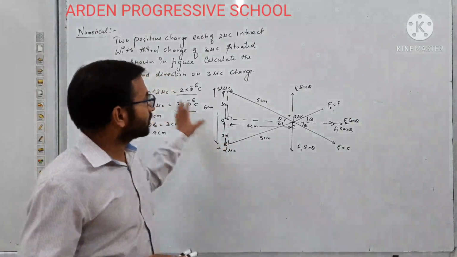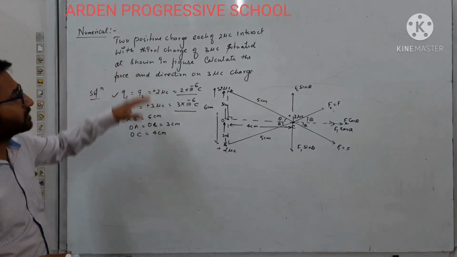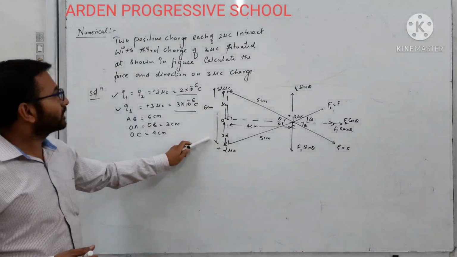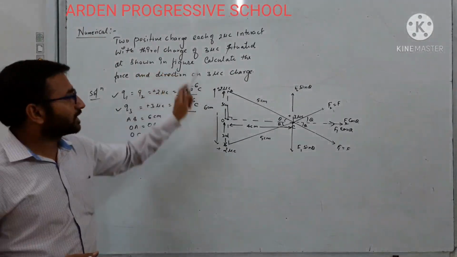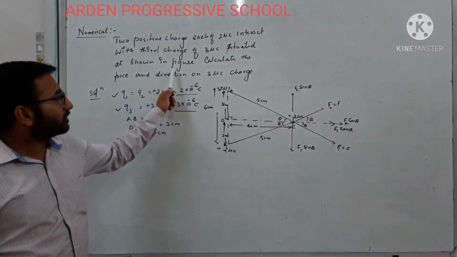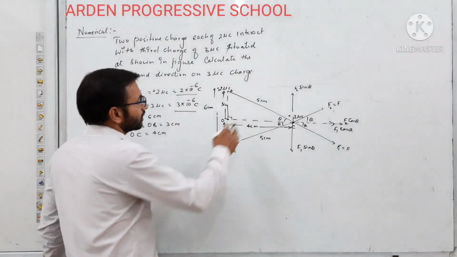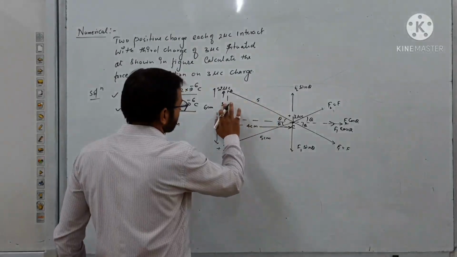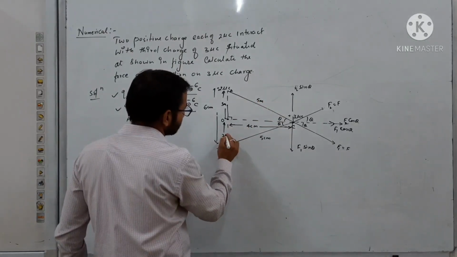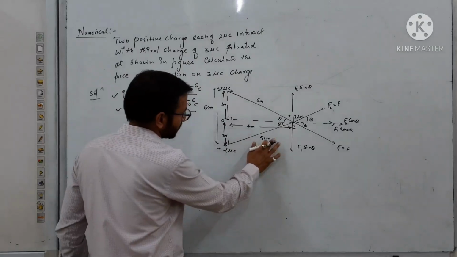So here from the diagram we can see we are given two positive charges of 2 microcoulomb each, which interact with a third charge of 3 microcoulomb situated as shown in the figure. From the diagram you can see the location where the charge is placed, and there is one change: it is in meter, not in centimeter, according to the diagram.